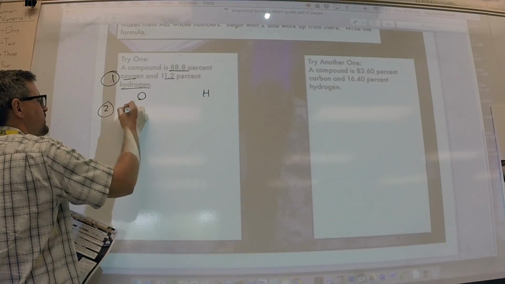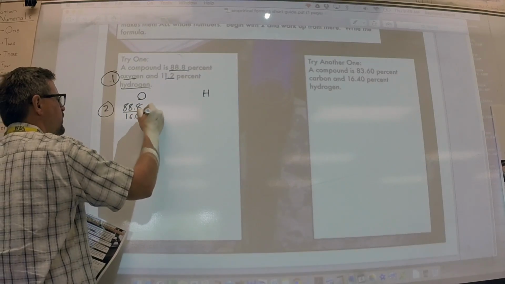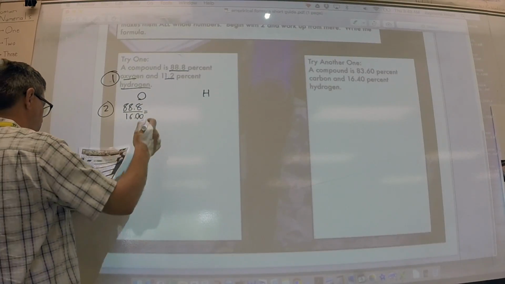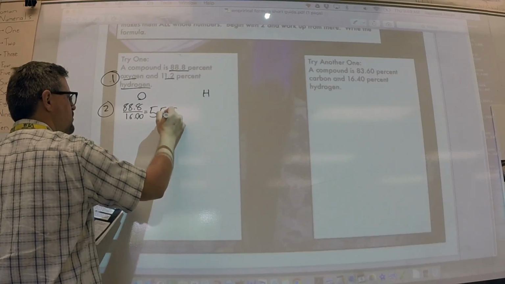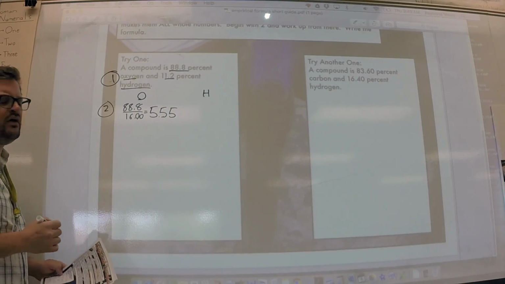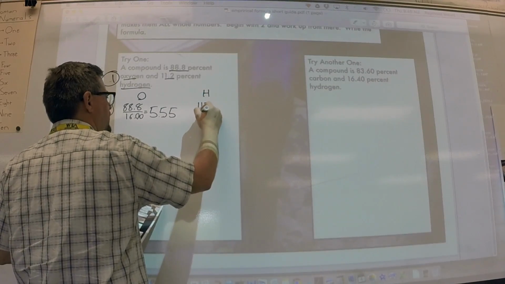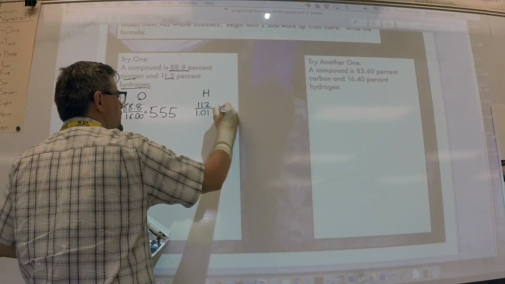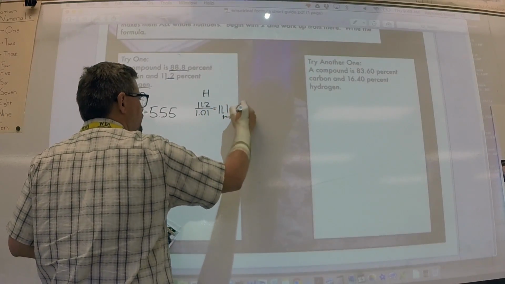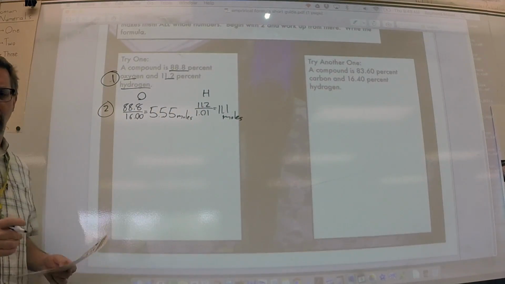So for oxygen, 88.8 divided by 16.00, and that gives us 5.55 moles. For the hydrogen, it's 11.2 divided by 1.01, and when we do that math, we get 11.1 moles. So in step 2, you convert your masses to moles.